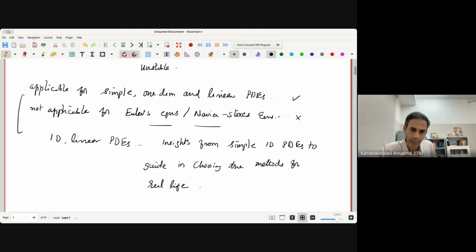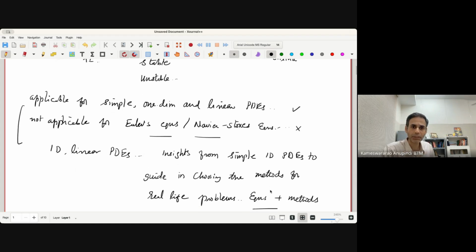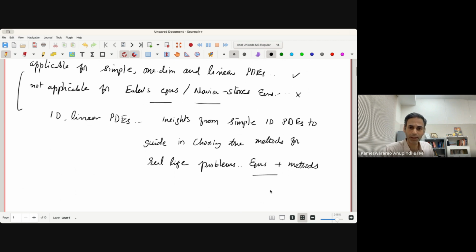We will be able to choose equations and methods wisely from the insights or conclusions that we draw from applying the stability method to a simplified model.